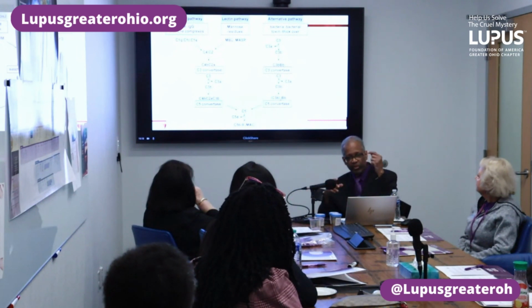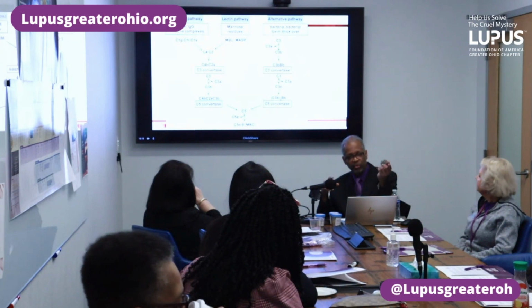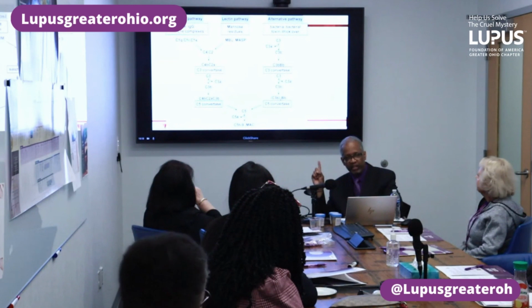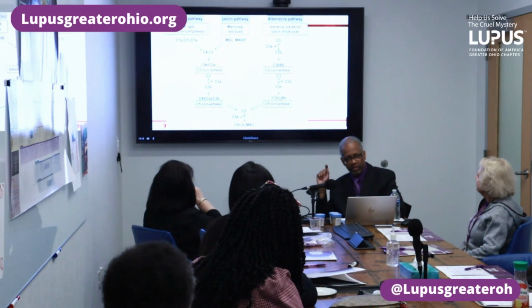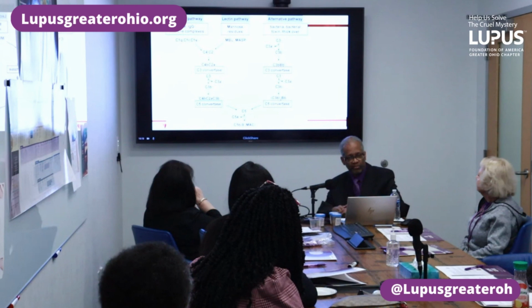Once that starts to happen, that can activate your immune system to attack that more. But then we have C3a, which is also an inflammatory thing that tends to cause more inflammation and also tends to recruit more cells to wherever that spot is that's being affected.